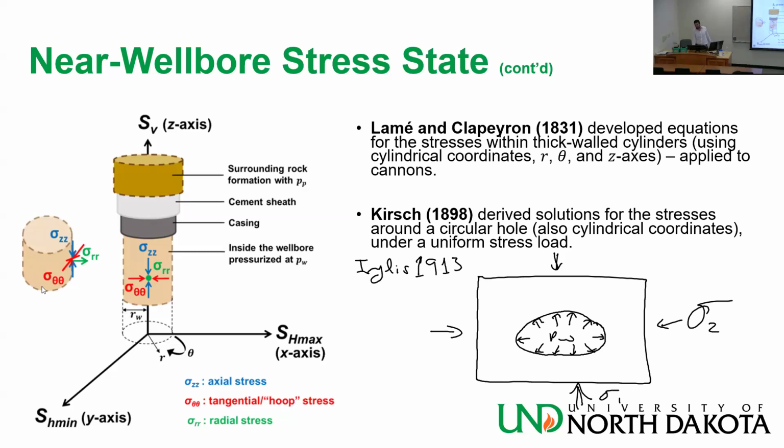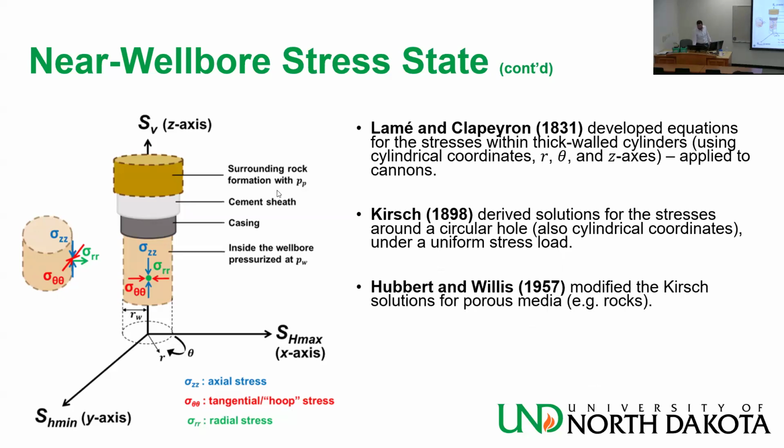But then we go 59 years later after Kirsch, and that's the first geologist who put their hands on these equations. That was Hubbard and Willis, and we talked about their paper. It is probably the best paper in OnePetro, they say.